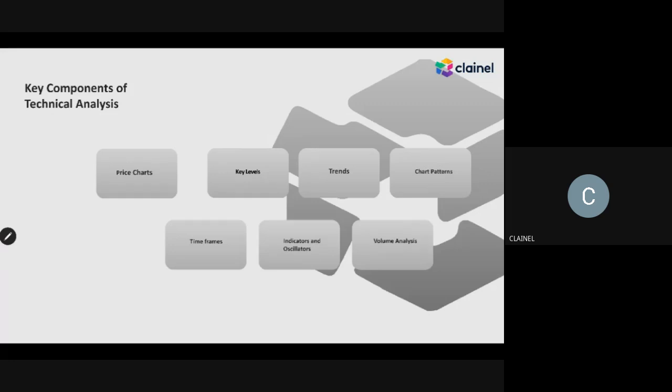Usually we have two types of traders: the swing traders and the scalp traders, or scalpers. Scalpers work from the 1 hour time frame down to the 1 minute time frame. They execute their key levels and identify their trend in the 1 hour time frame, and they find their entries in the 15 minute time frame.